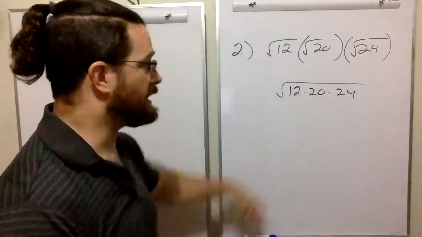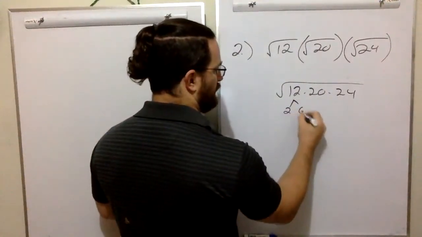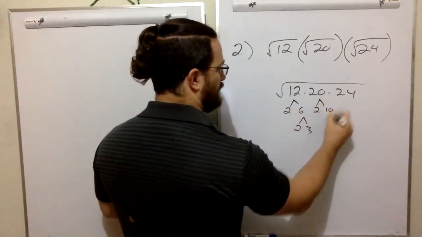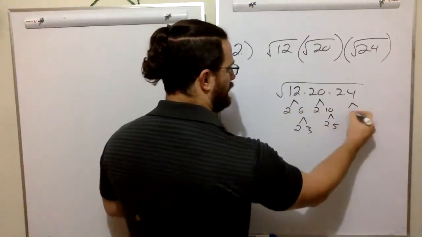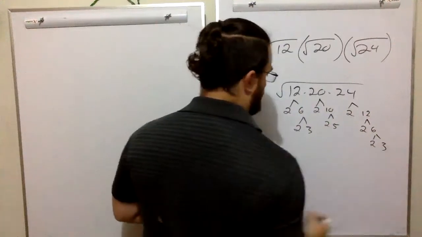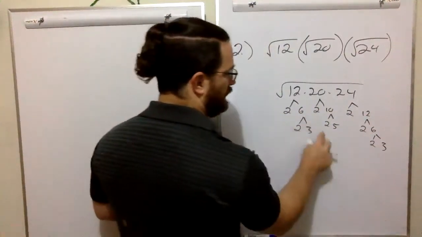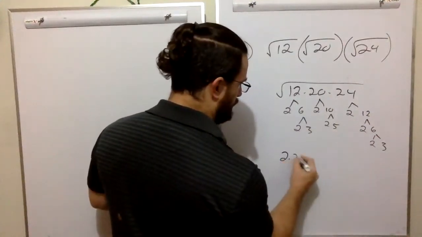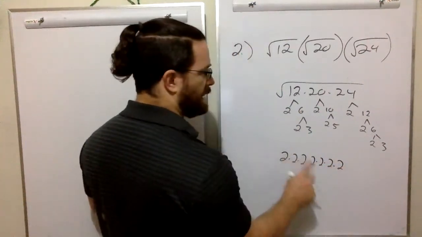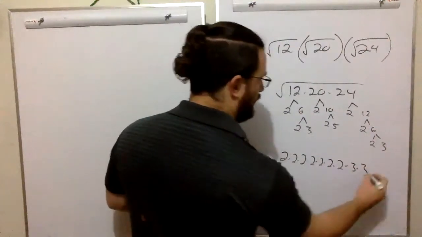All right, so take each number and start breaking them down. This guy gives me 2 times 6, and then 2 times 3. This guy gives me 2 times 10, and then 2 times 5. Then I get 2 times 12, 2 times 6, 2 times 3. In total, you're going to have seven 2s, and then two 3s and a 5.